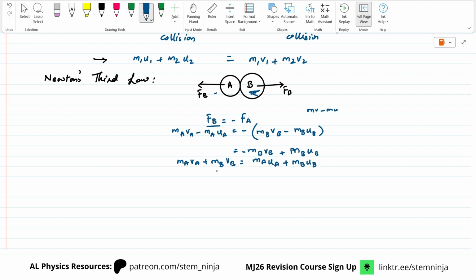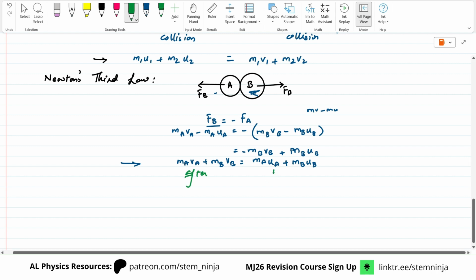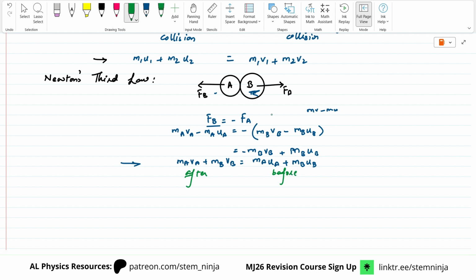Whether it's body 1, body 2, m1 u2, or AB form, this is how the principle of conservation of momentum is formed. So this is the after and this is the before. Either way, it means the same thing. And again, this also assumes that there are no other external forces acting on the system.